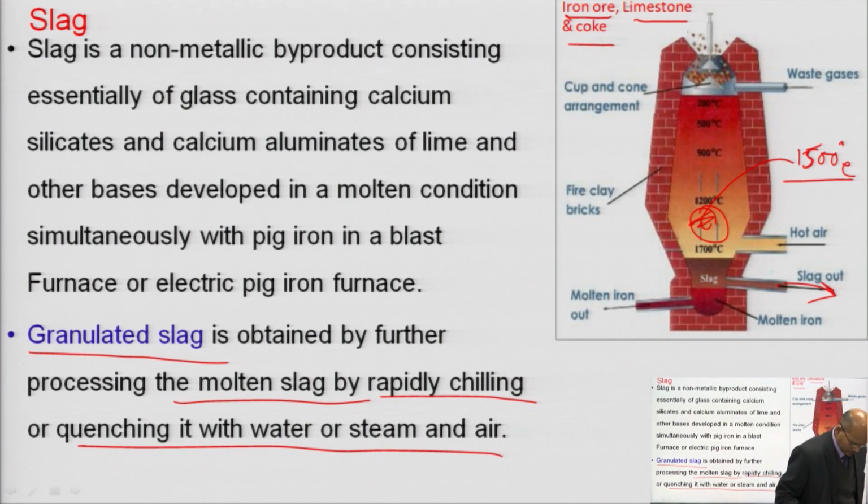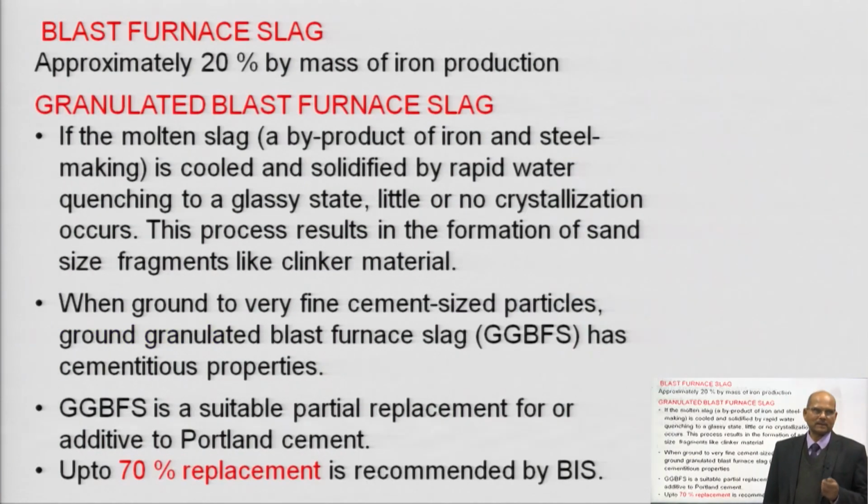If you do not maintain that temperature, you will not get the granulated condition, and it must be quenched or rapidly chilled either with water or steam and air. That is the process of getting granulated slag.